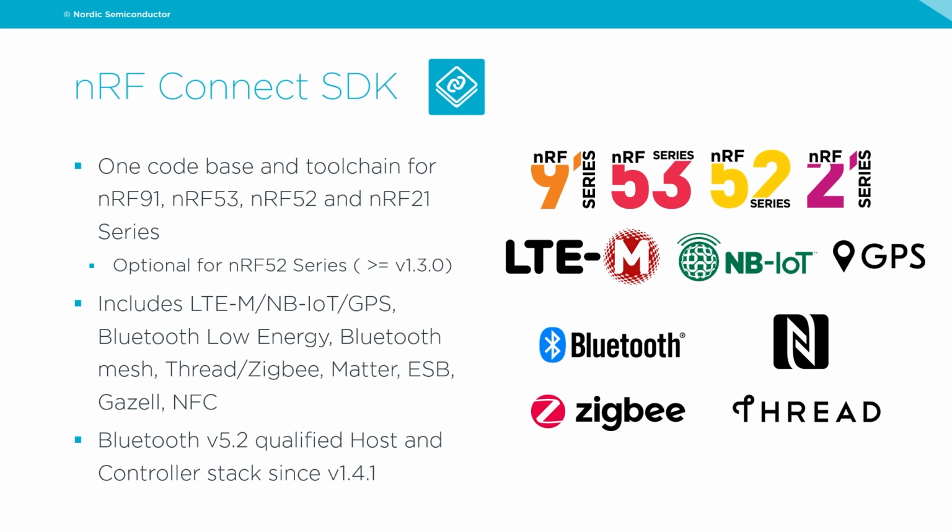So that's as of version 1.3.0 of the NRF Connect SDK. It does include a lot of different protocols, just naming a few: LTE-M, narrowband IoT, Bluetooth Low Energy, Bluetooth Mesh, etc. The Bluetooth Low Energy stack is version 5.2 qualified, both the host and the controller, since version 1.4.1 of the NRF Connect SDK.